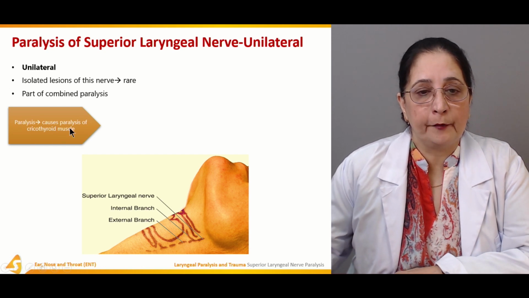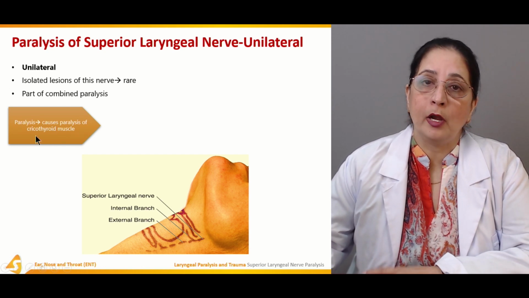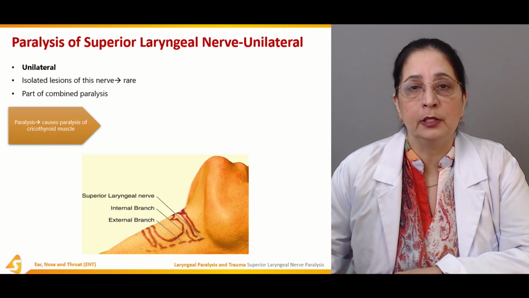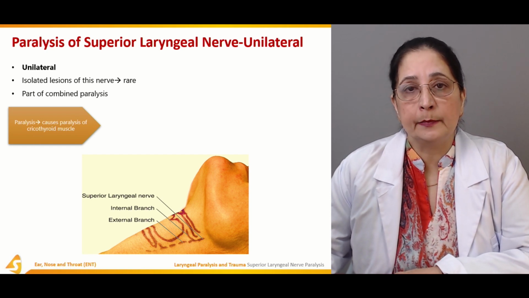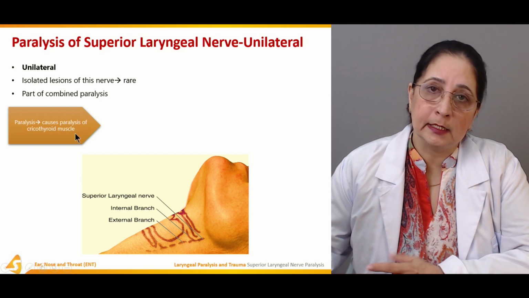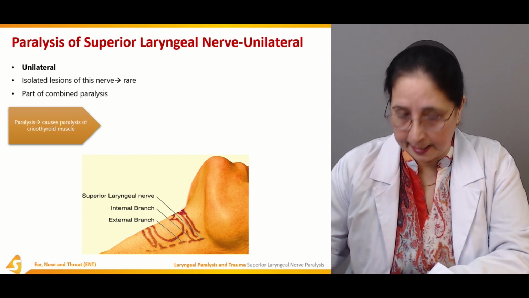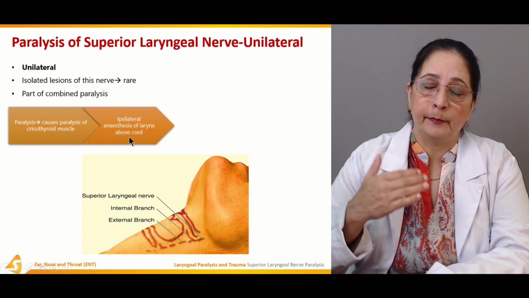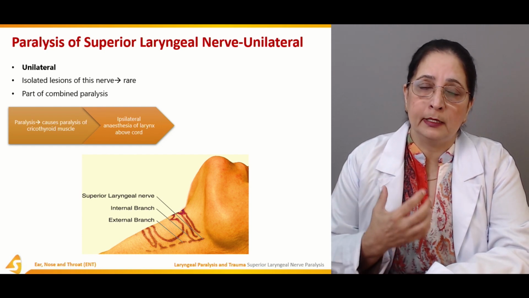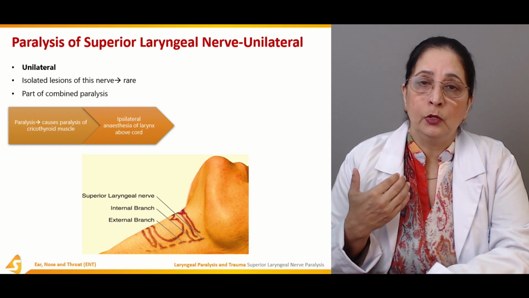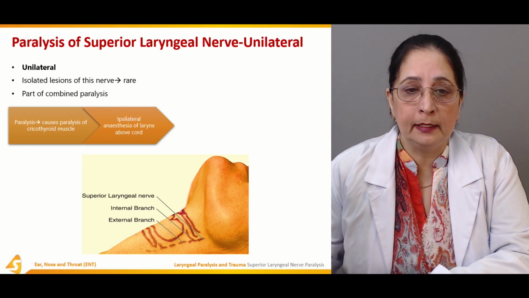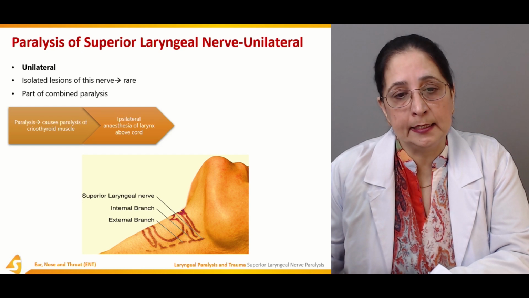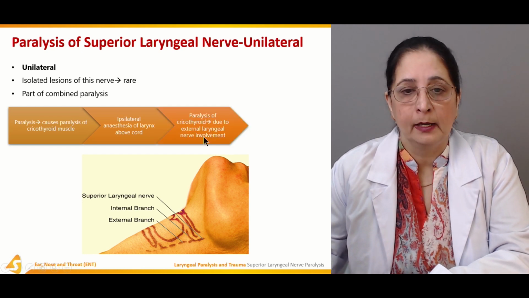It causes paralysis of the cricothyroid muscle. We already mentioned the external branch supplies the cricothyroid muscle, which naturally gets paralyzed. There is ipsilateral anesthesia of the larynx above the cord, so no sensation in the larynx, loss of sensation.